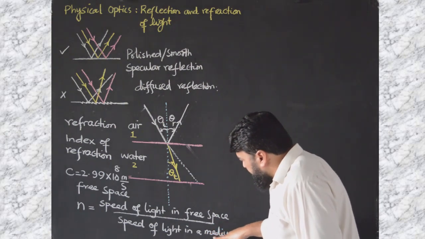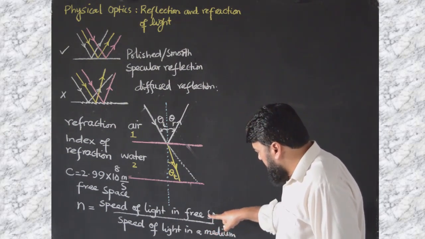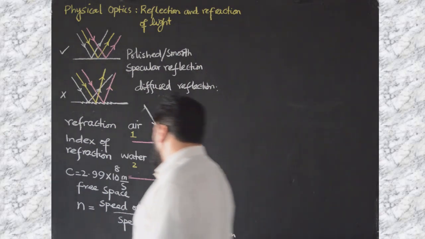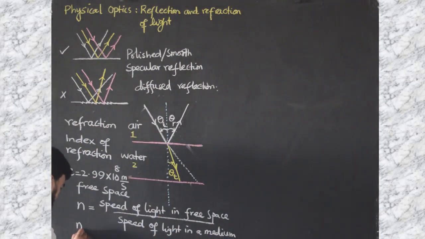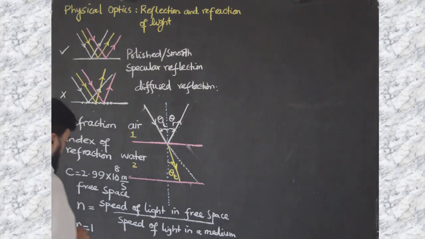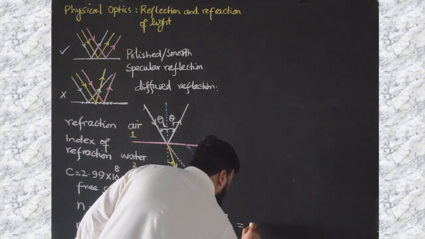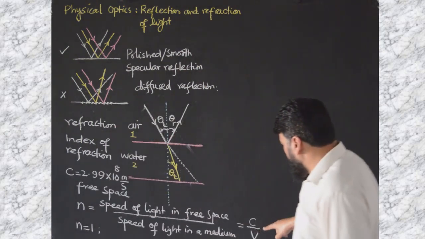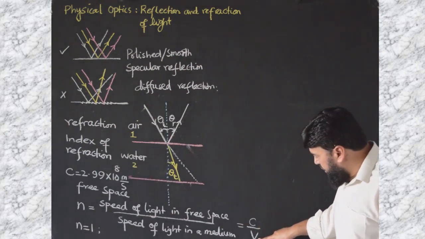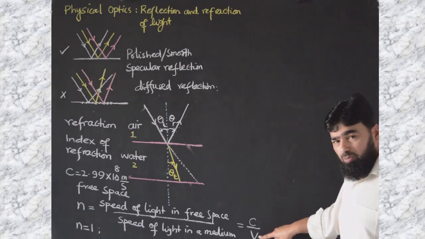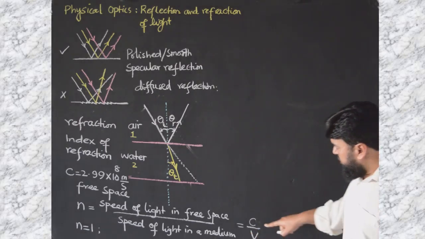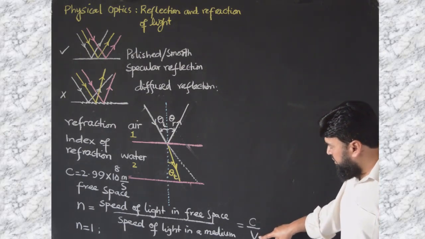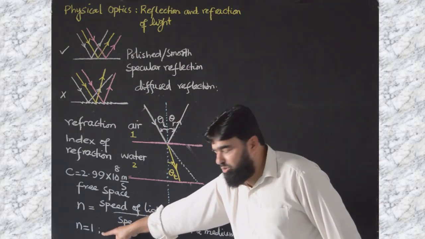Now, if this medium is also free space, then it will cancel and we will get that n is equal to 1. So, for free space, our index of refraction is 1, and I can write this by c and this by v. So, c is the speed of light in vacuum, while v is the speed of light in any other medium. So if v is equal to c, then we will have the index of refraction equal to 1.